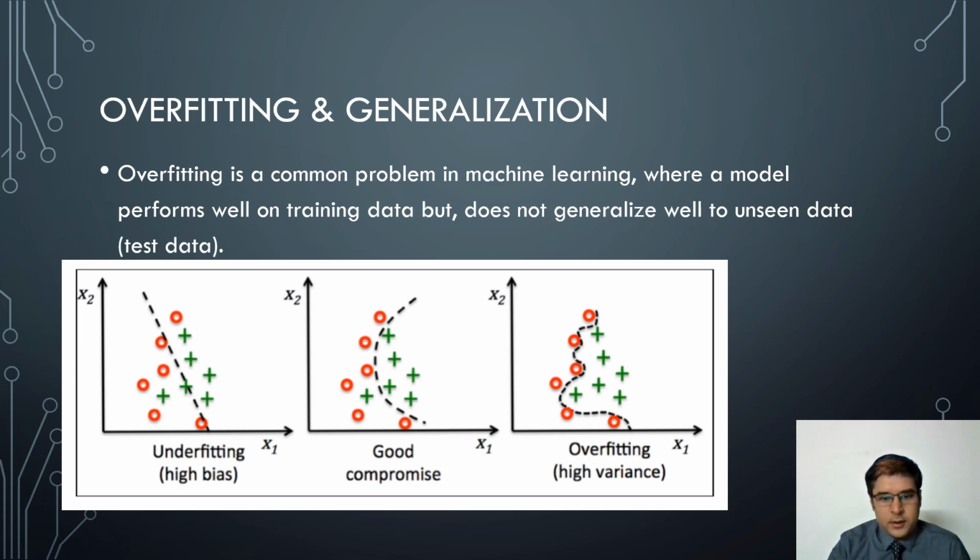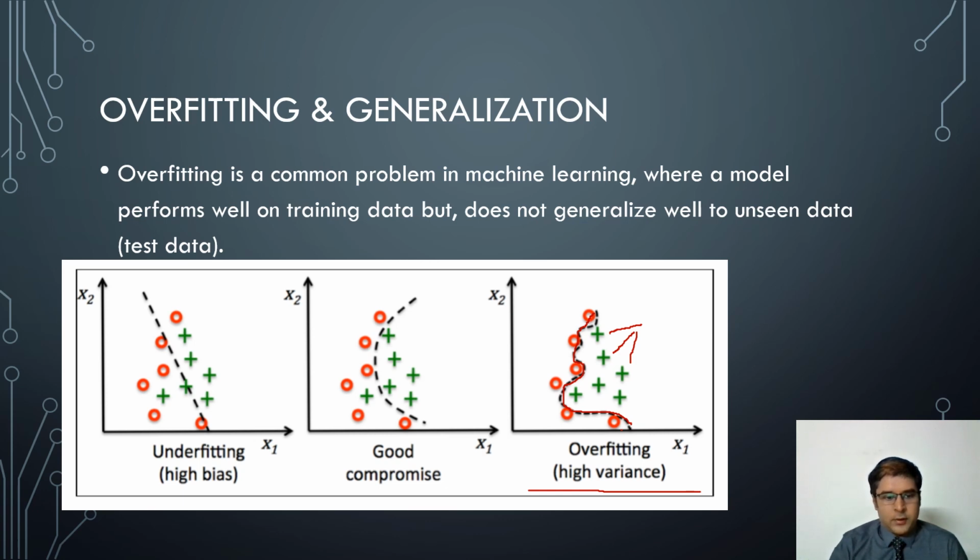Overfitting is shown in the last scenario here, where we are fitting more to the training data, which is given in red circles here, but the plus marks are the test data, which is unseen data, and it is not fitting to the model. It does not generalize well. So that is overfitting.